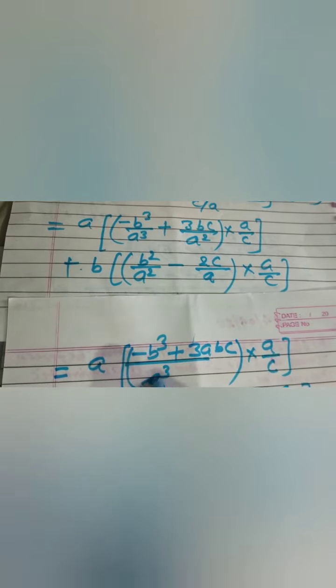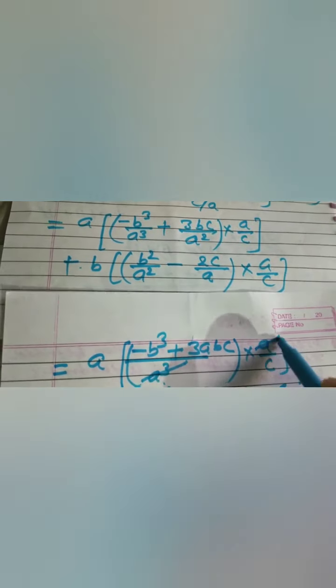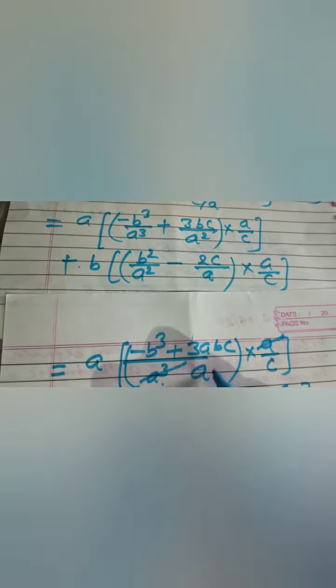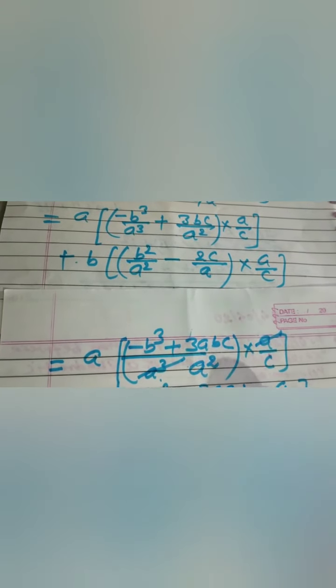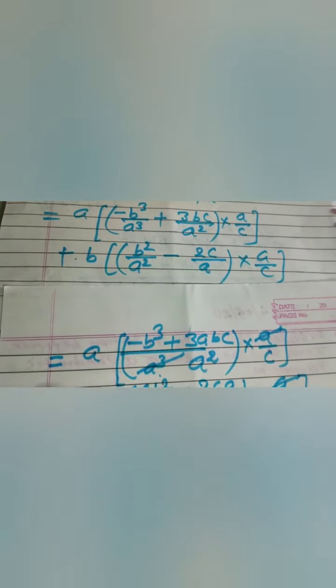Now this a square will cancel with this a by a square, and this a square will cancel with this a by a.